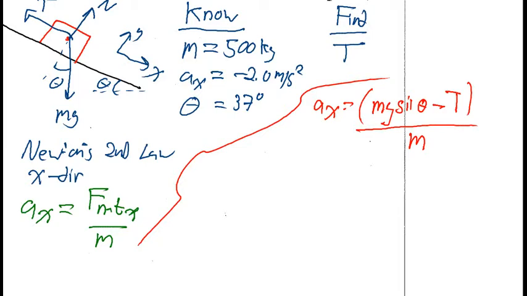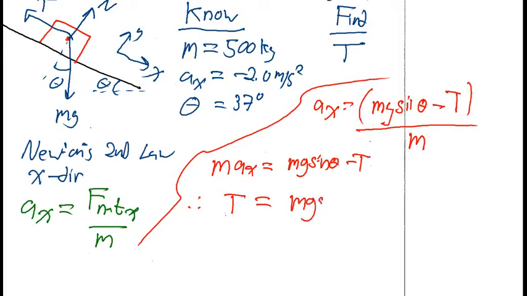So cross multiplying gives me m times a sub x equals mg sine of theta minus T. So taking the T to the left makes it positive. Mg sine of theta minus m times a sub x, and that will be our answer.